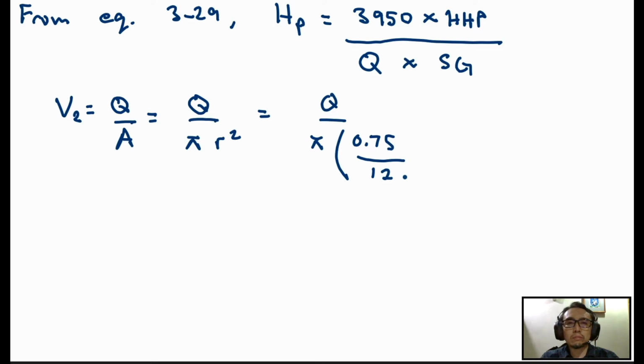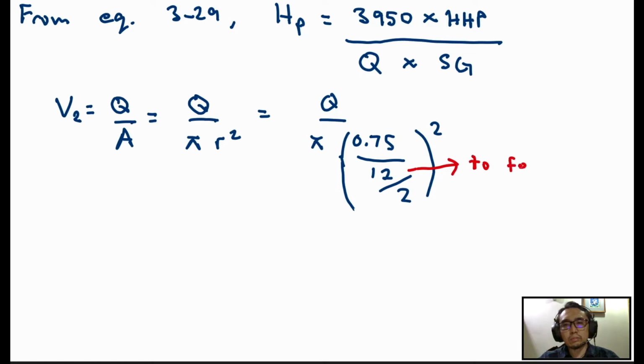To convert to feet, we divide by 12 and then divide by 2 to form the radius. We use 12 because 1 foot is equal to 12 inches. If we multiply all these constants, we get this number.